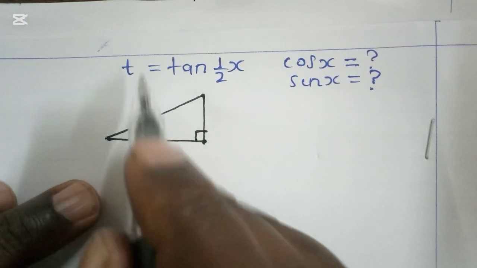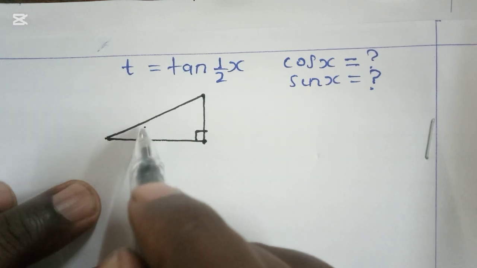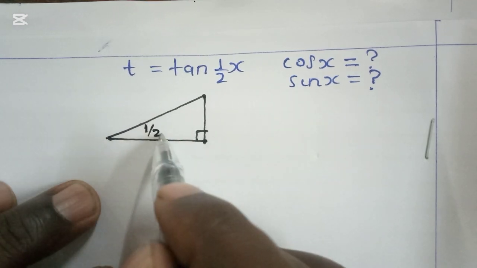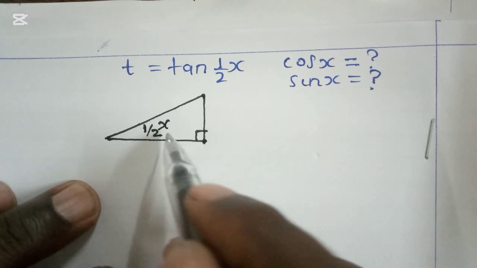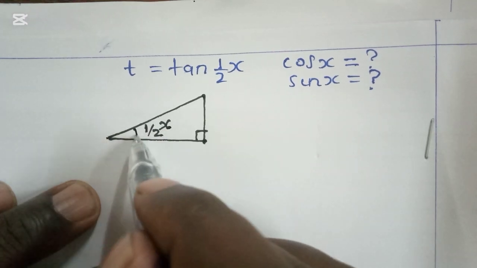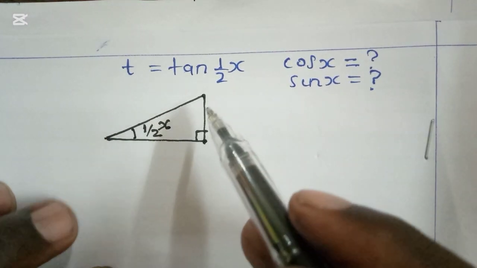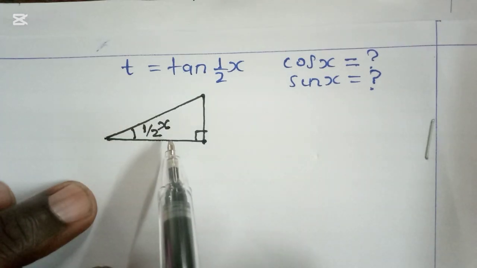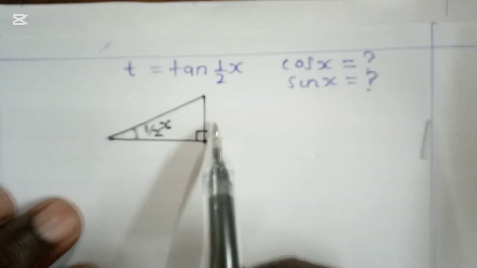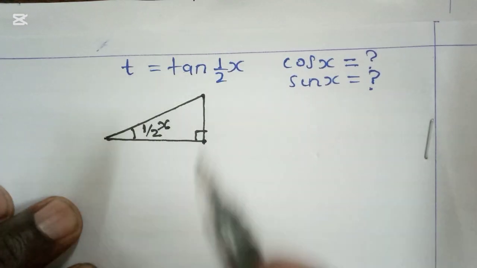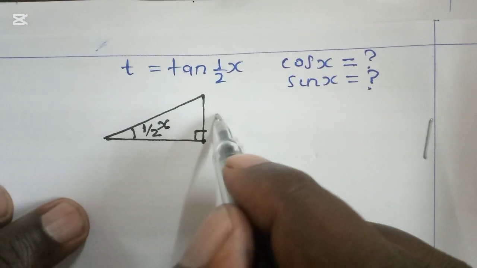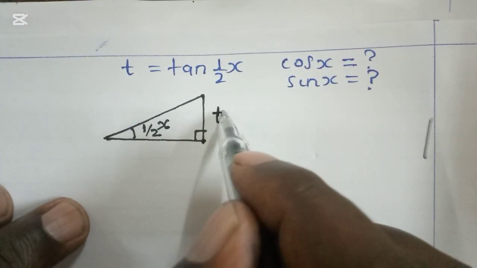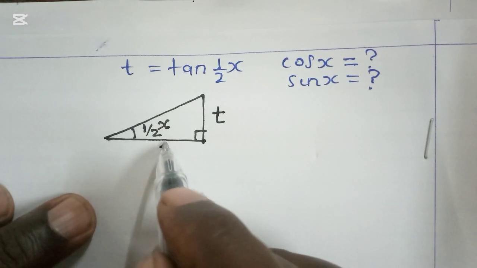Let's say that here we have a half x. This angle is a half x. That is the angle. And for that angle, we usually say that tan is opposite over adjacent. And so therefore the opposite we give as t, and the adjacent we give as 1.